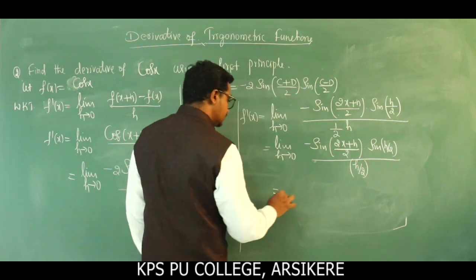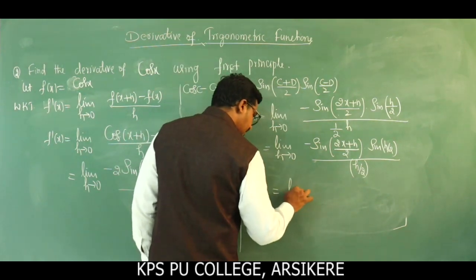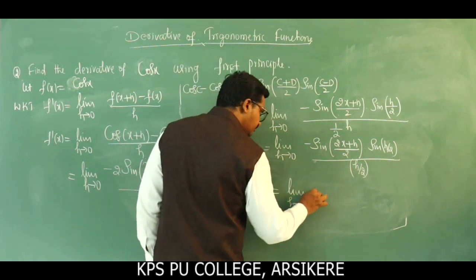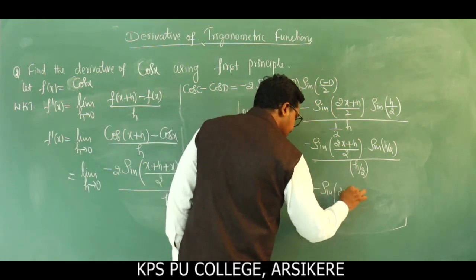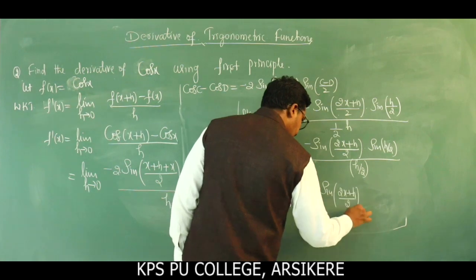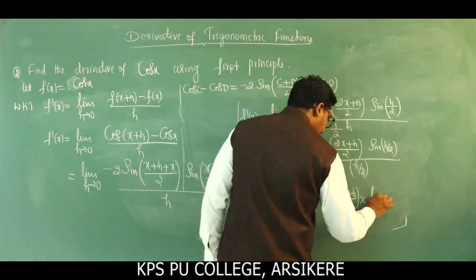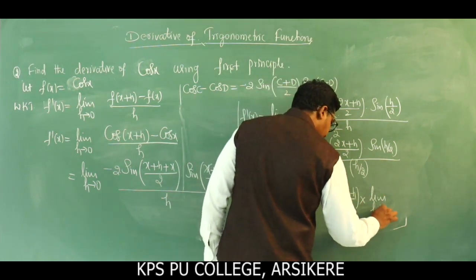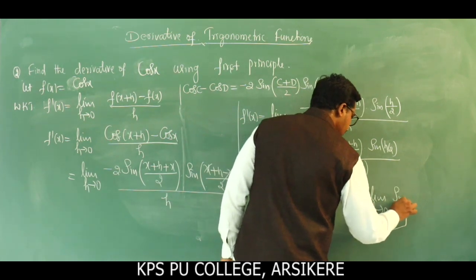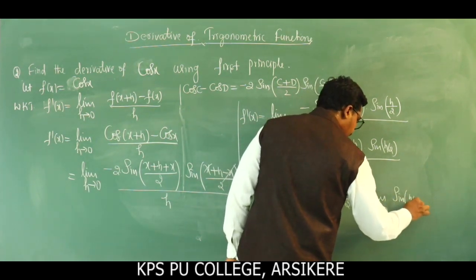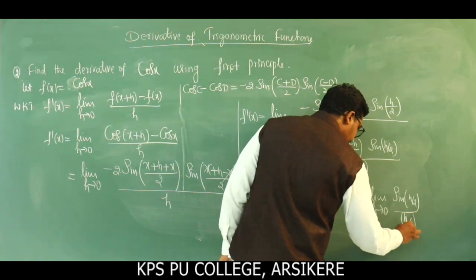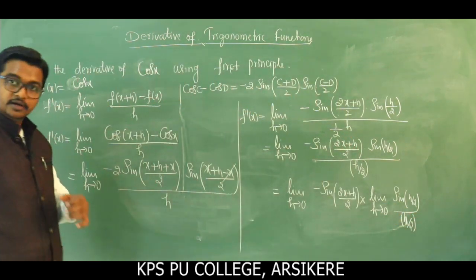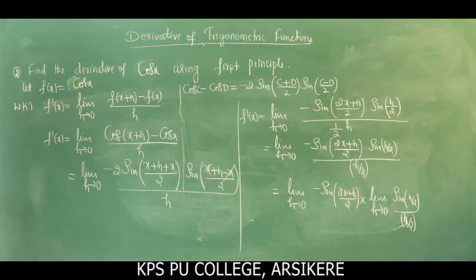This becomes limit as h approaches 0 of minus sine of (2x plus h) divided by 2 into limit as h approaches 0 of sine of h by 2 divided by h by 2. Understood, children? This is the case.